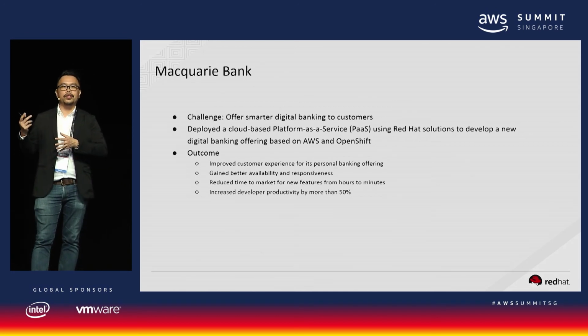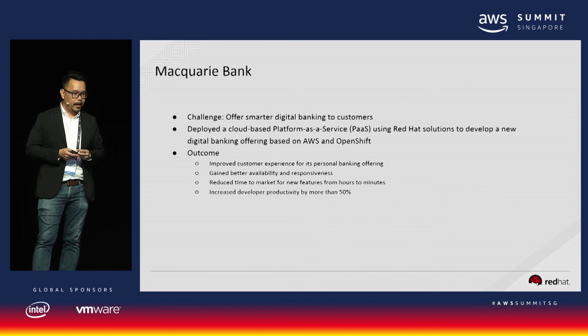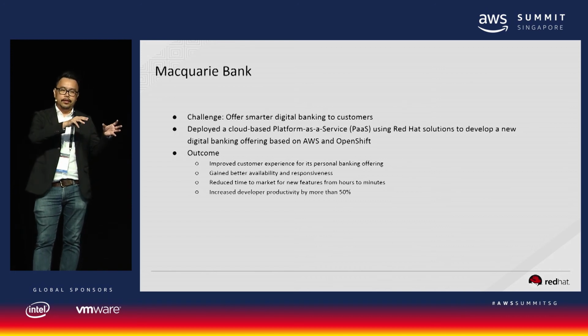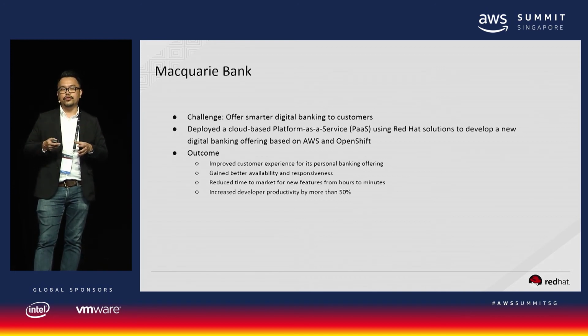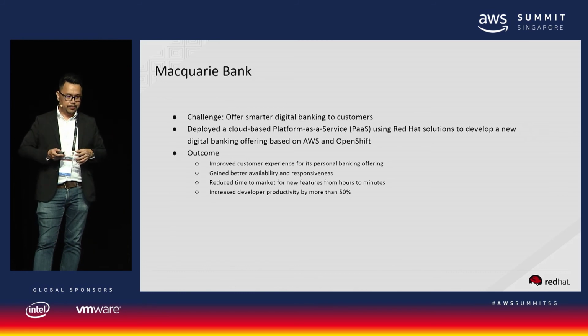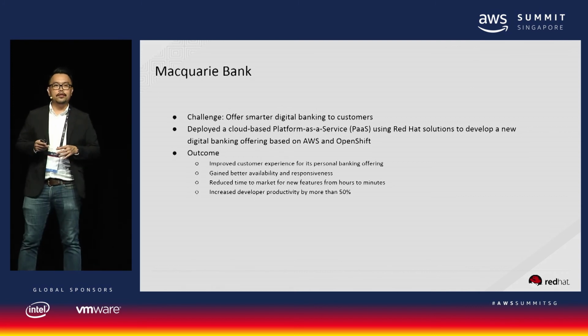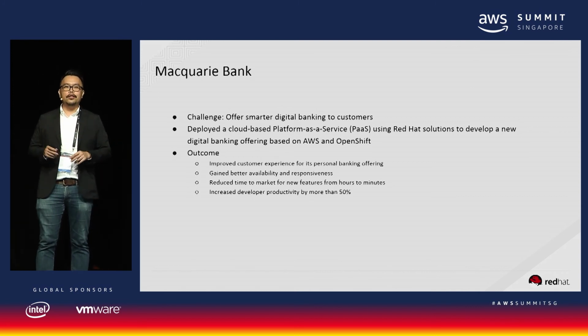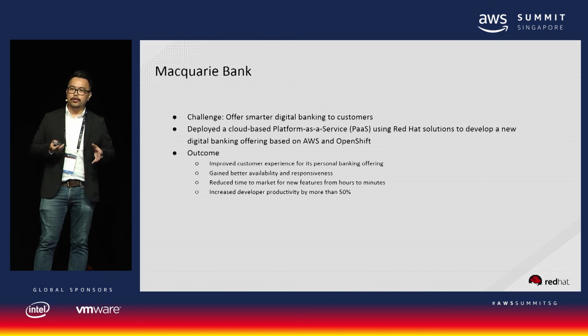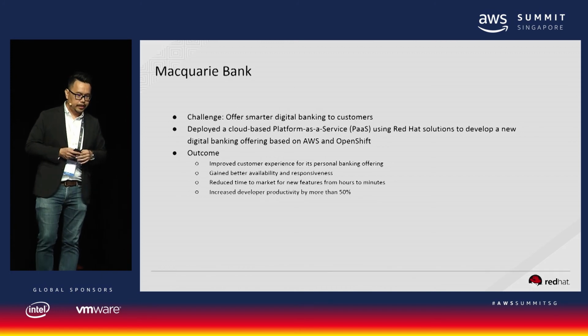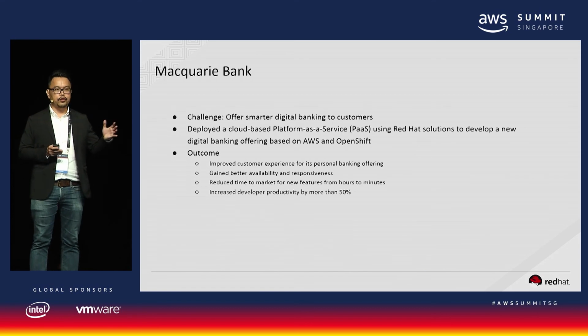It's pretty much the same story as Cathay Pacific Airways, except this time around, they also engaged Red Hat consultants to move things along to a DevOps approach. From then onwards, they are able to deliver services faster and respond to changes in the market faster. These are two examples of customer use cases which have successfully digitally transformed, and they are able to get very good business outcomes based on the technologies of AWS and what OpenShift can provide.